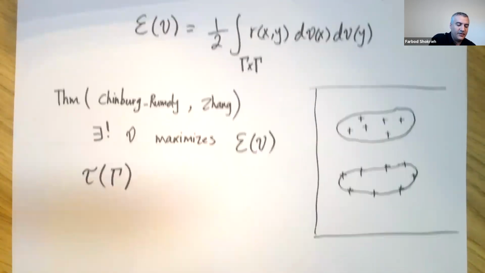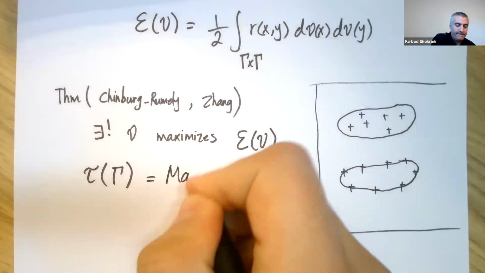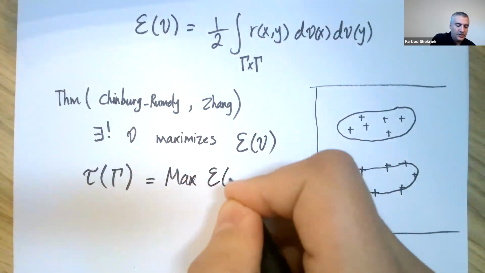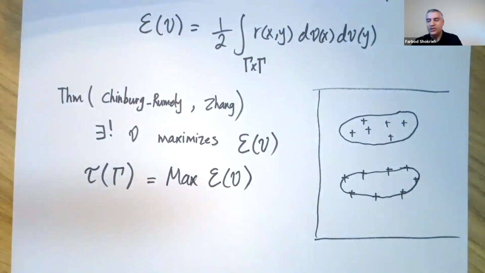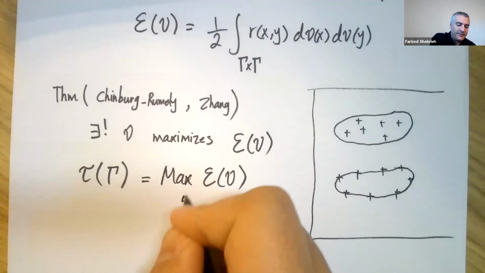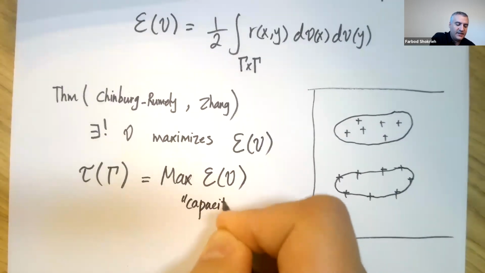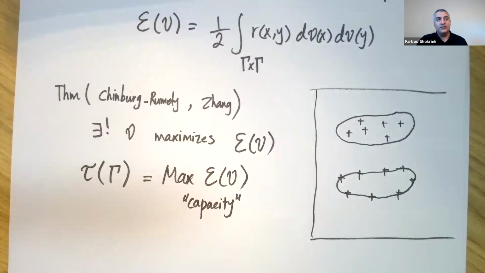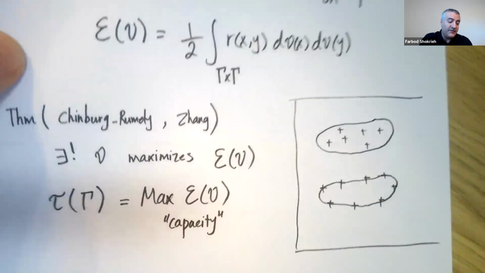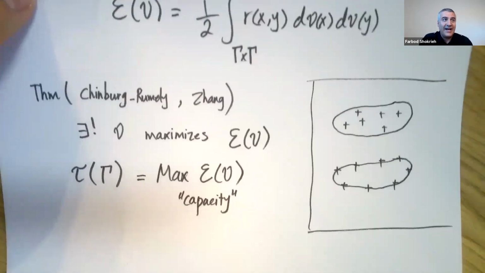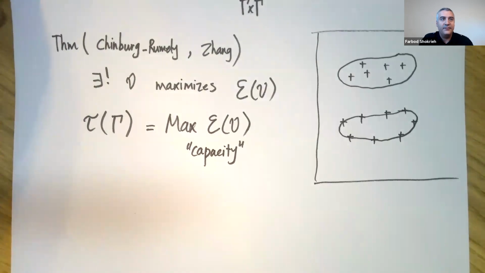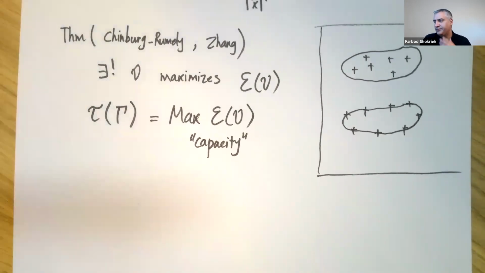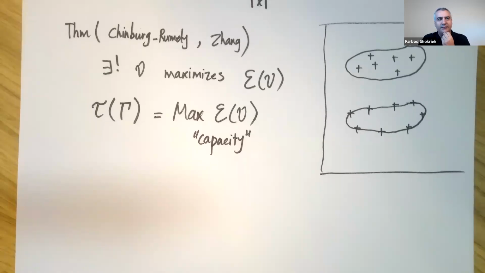So the tau constant of a graph is the maximum, and I just said that the maximum is achieved, and you can think of this as a capacity. That's what you would call capacity in the situation of a piece of metal with electric charges. In fact, Chinberg and Rumley were motivated by capacity theory over non-Archimedean fields and came up with this definition. But they weren't working with Berkovich spaces. They were working with dual graphs of nodal curves at the boundary of moduli spaces.